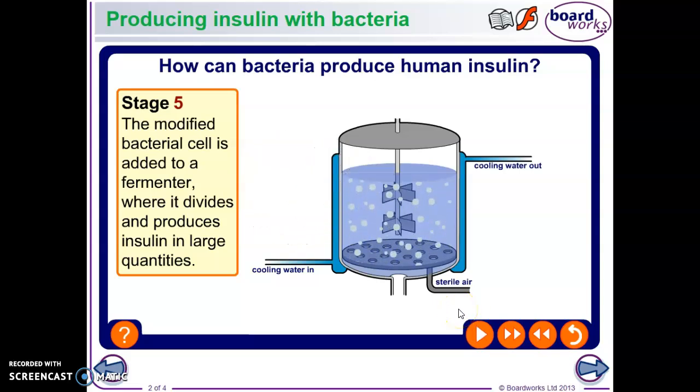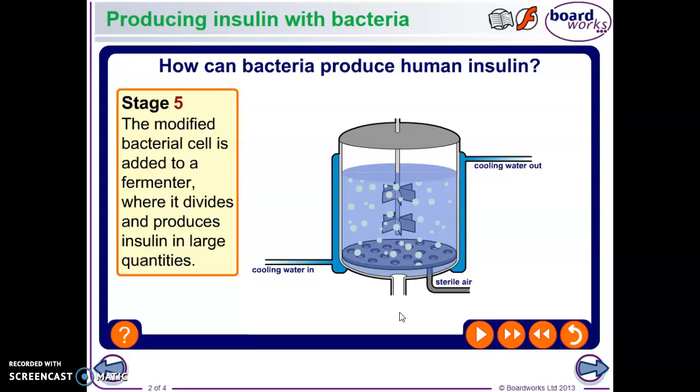In this animation, you see that the modified bacterial cell, the transgenic bacteria cell, has now been put into an apparatus called a fermenter. And as shown in the enlargement just a minute ago, that bacteria cell is now reproducing asexually, module 5, so that it makes identical clones of itself.